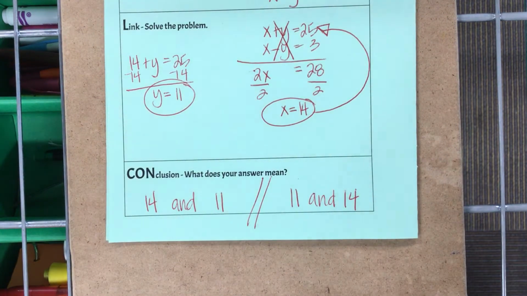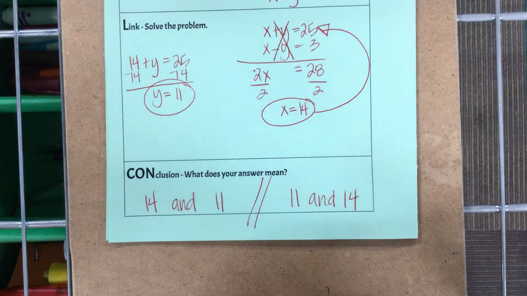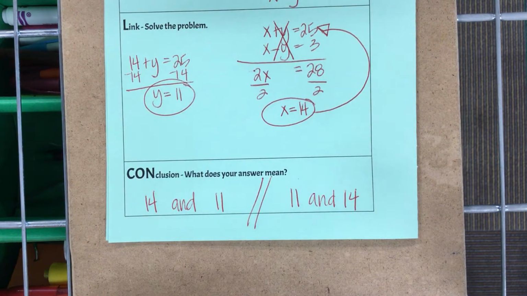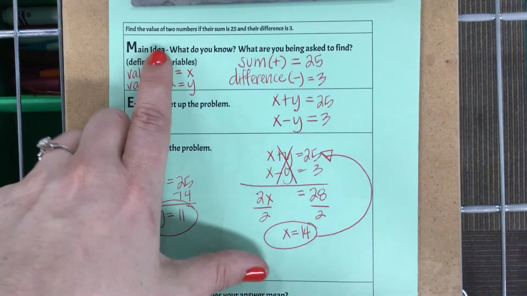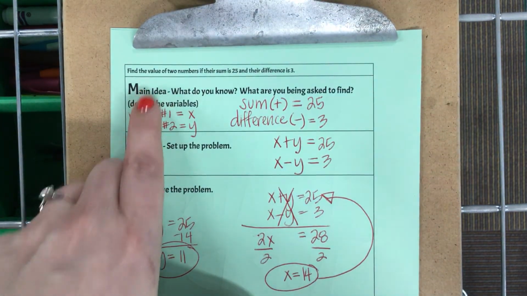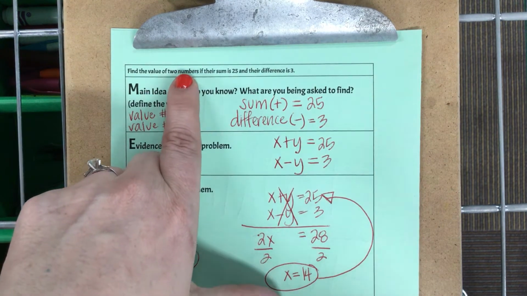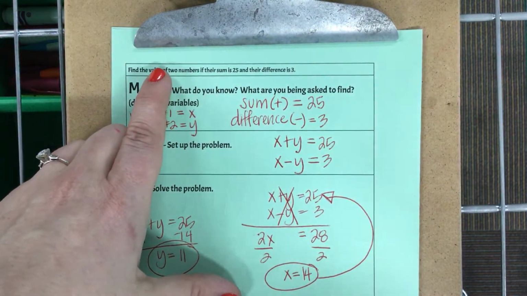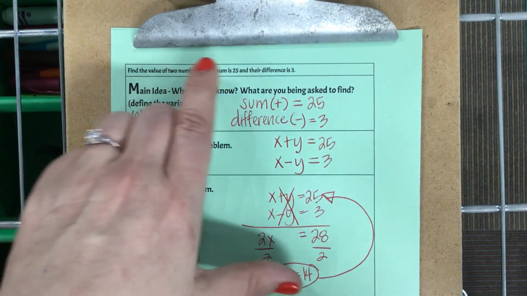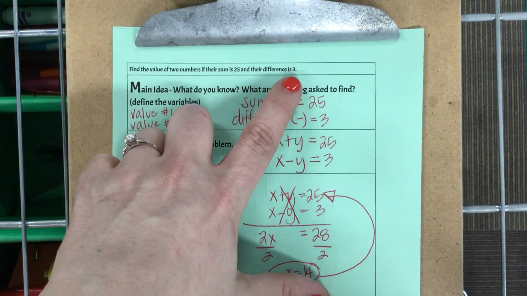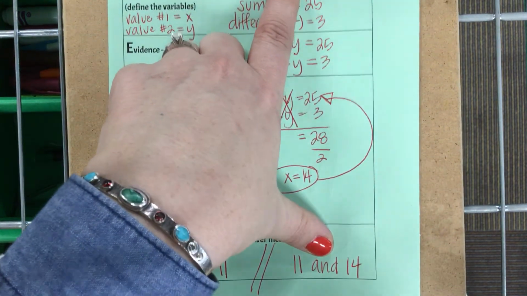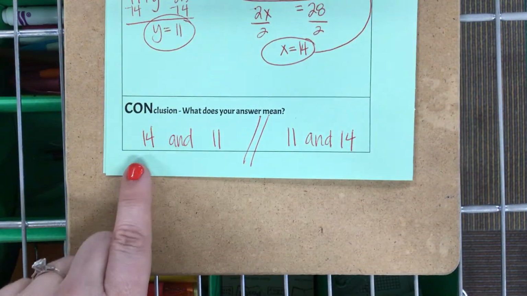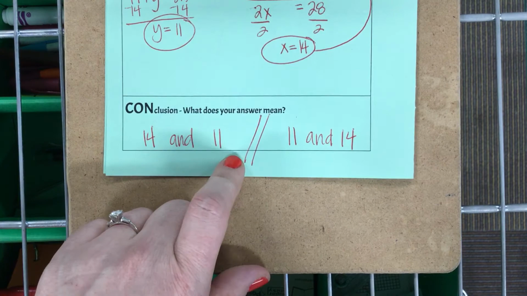It's the numbers 14 and 11, because it's a word problem. It's asking me, what are the two numbers? It's not saying, where do these intersect? It's saying, what two numbers have a sum of 25 and a difference of 3? The two numbers are 14 and 11.